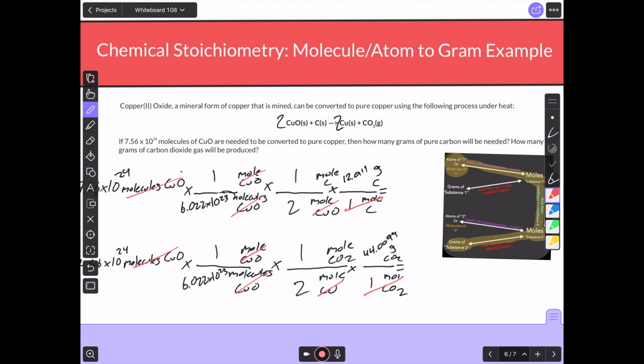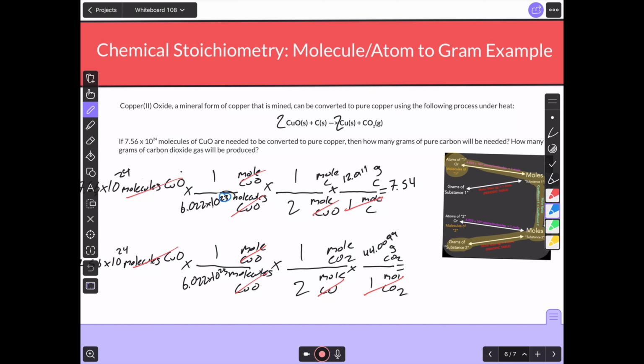Now, we'll do our math. So it is 7.56 divided by 6.022 divided by 2 times 12.011, and that again is to 3 sig figs. This time we get 7.54, and again we have to do our exponents.